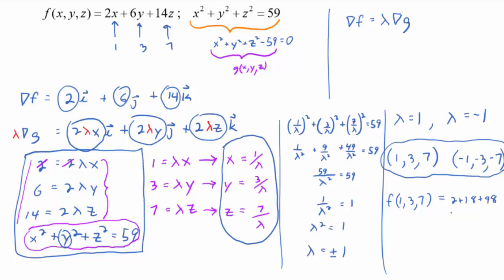What does that turn out to be? 118? I guess I could have done that in my head, huh? Does everybody believe that? Well, do I need to think a whole lot about what it is if all the coordinates are negative? Negative 118. Okay. So this guy is your absolute max. This guy is your absolute min on the constraint.